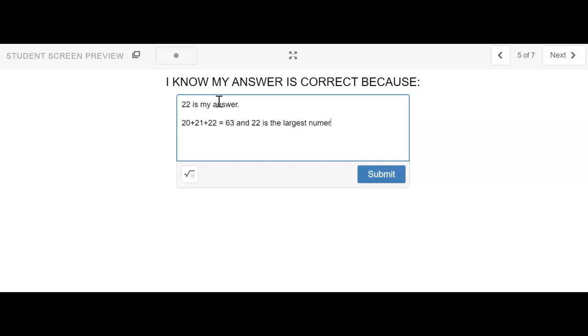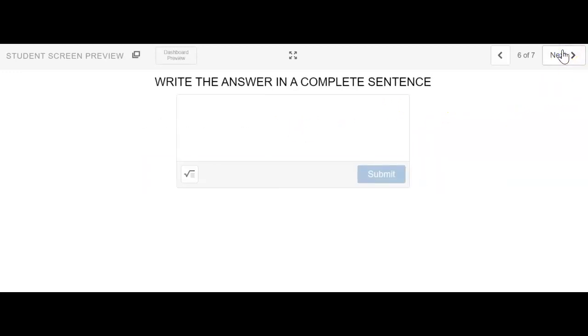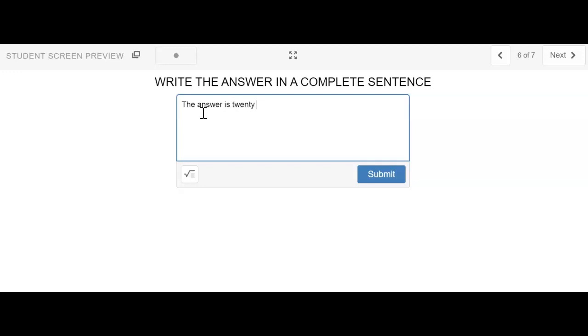So I'm going to type that in there. Then on the next screen, it says write the answer in a complete sentence. The answer is 22.